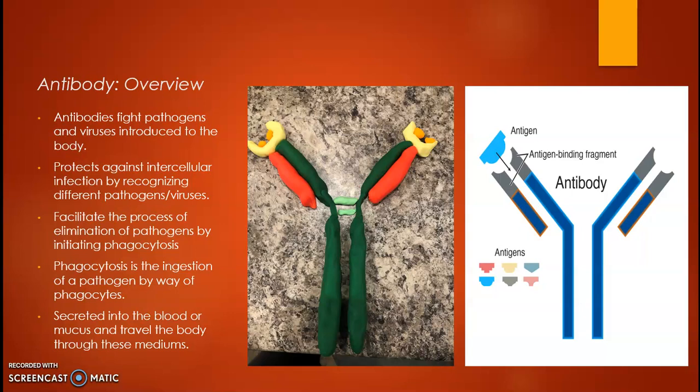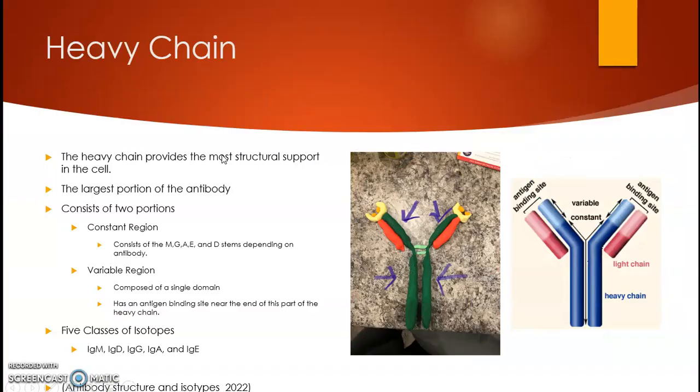Phagocytosis is the ingestion of a pathogen by phagocytes, which are secreted into the blood or mucus and travel the body through these mediums. That is, of course, how antibodies attack infectious sites and summon other cells or other antibodies to the site to attack these pathogens.